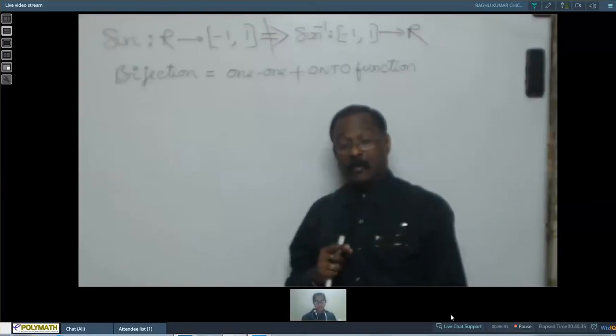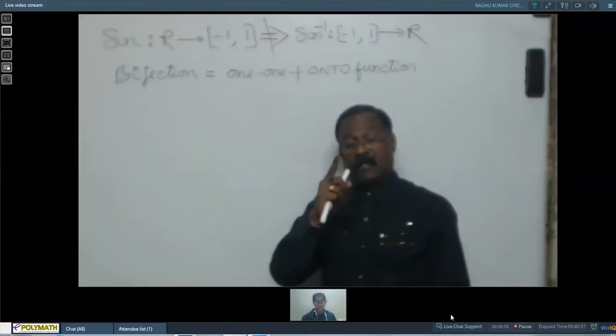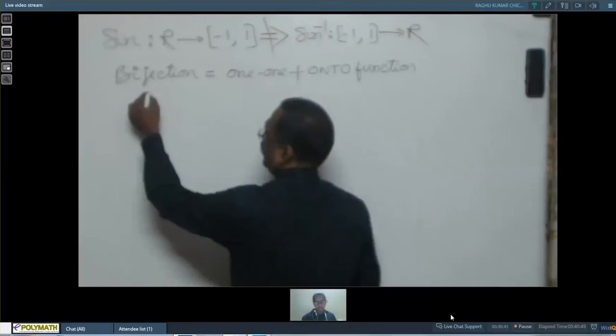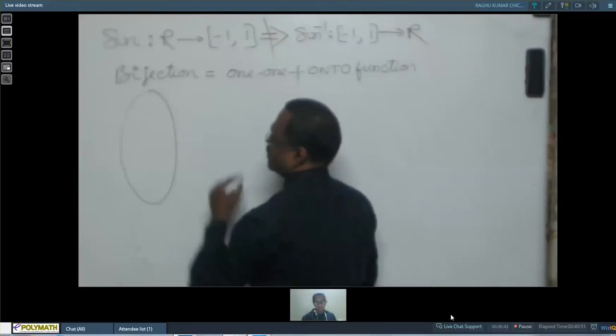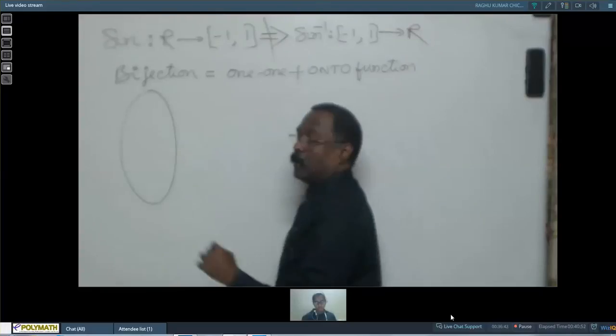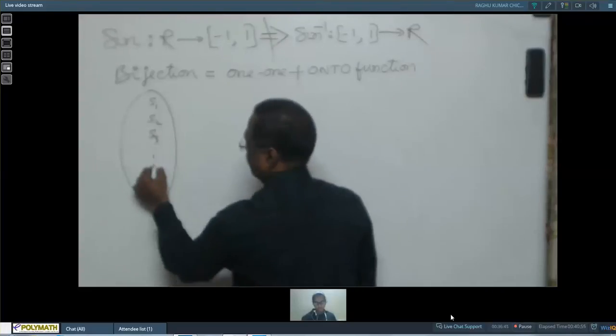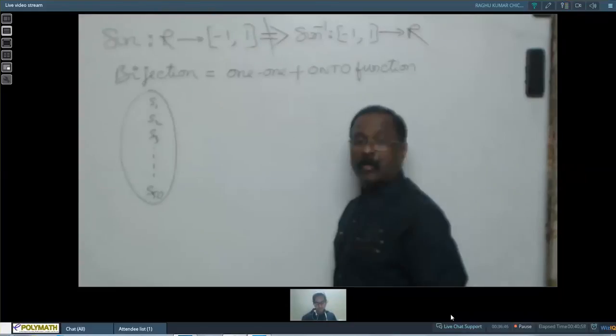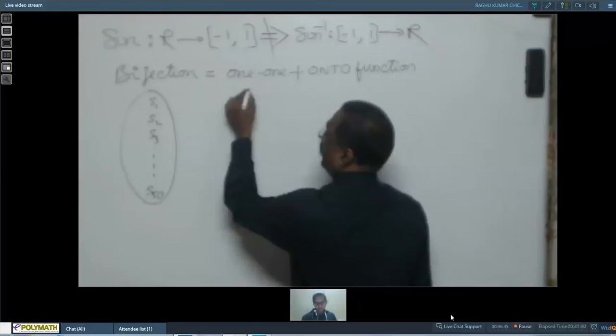So, if you take the number of students as a set, for example, S1, S2, S3 and so on up to S50, their roll numbers form another set.